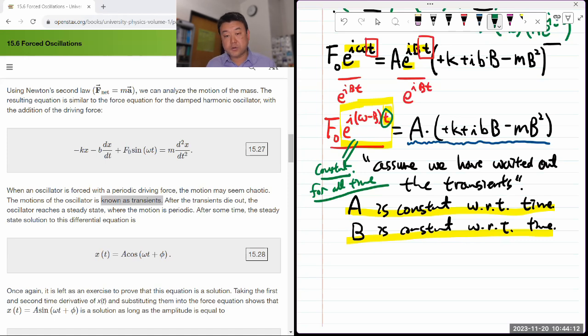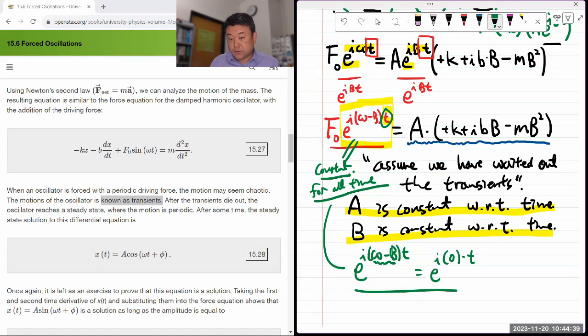The only way is to say that e to the i (omega minus B) t is e to the i 0 times t. When 0 is multiplied by time, the time dependence is gone. Any other choice of this coefficient that is not 0 won't work, because it will have time dependence. So this is the choice you are forced into.